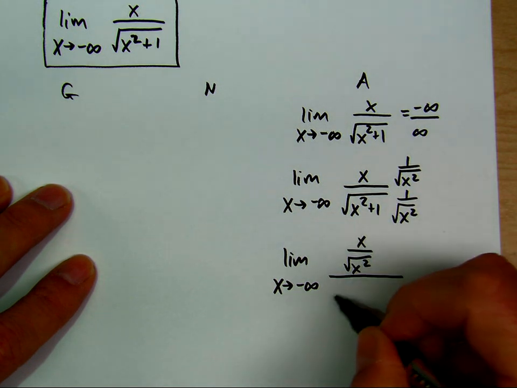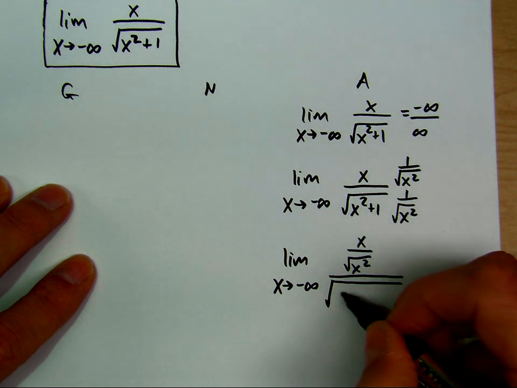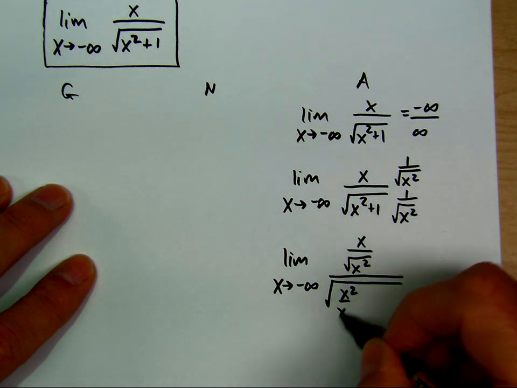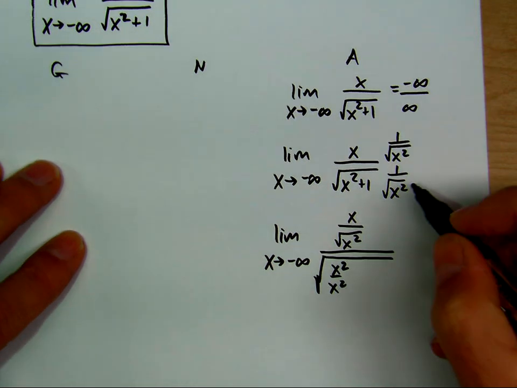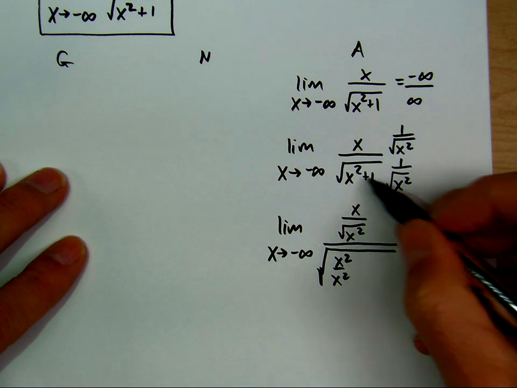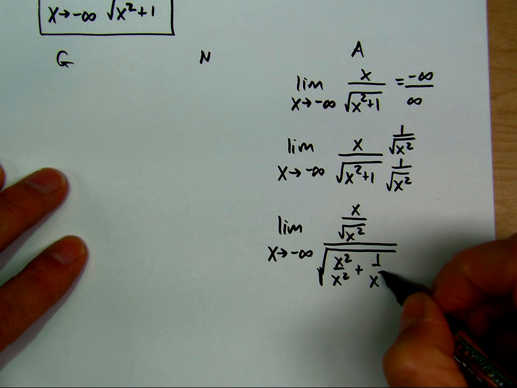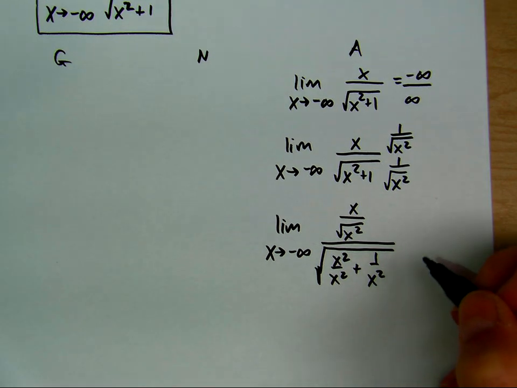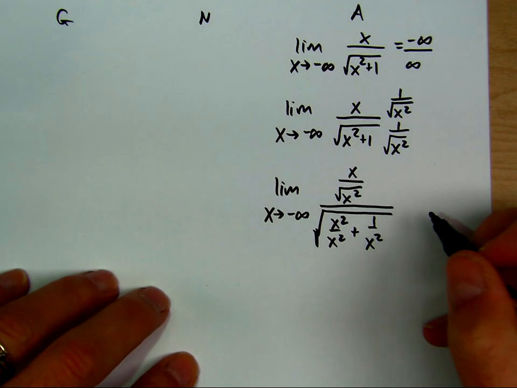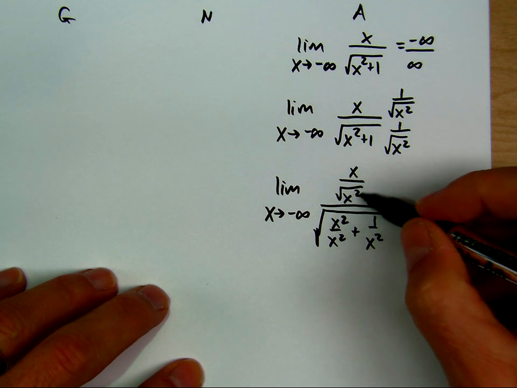And the radical, we can divide inside the radical, and we have x squared over x squared. And that's why we wanted it to have the radical, so we could multiply the radicands. But then remember that this is actually the absolute value of x.